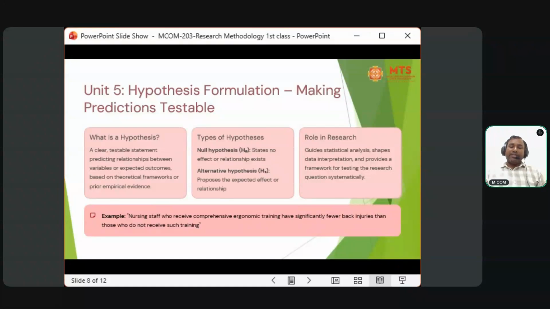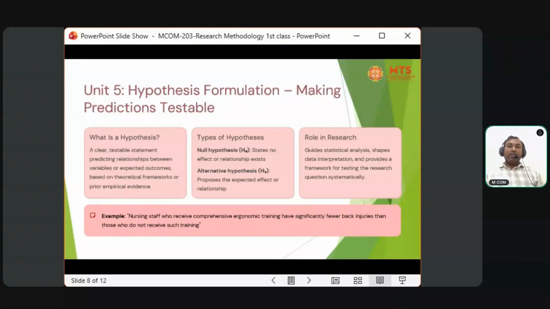Research methodology is the foundation of any research study. It provides the structured procedures and techniques required to collect, analyze, and interpret data effectively. A well-designed research methodology helps researchers produce credible and meaningful findings.